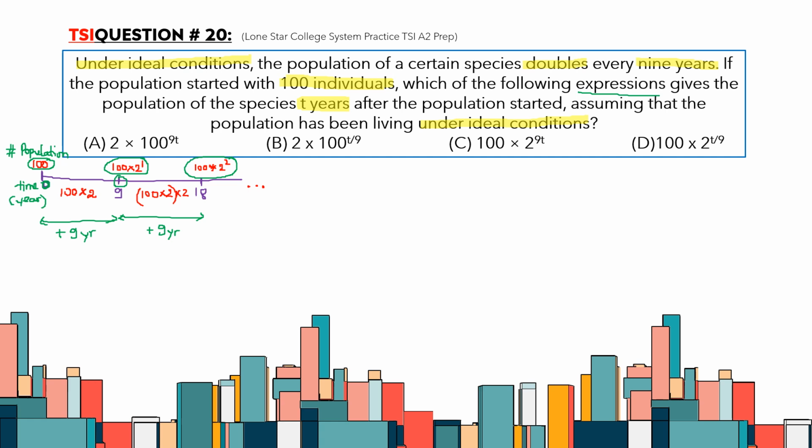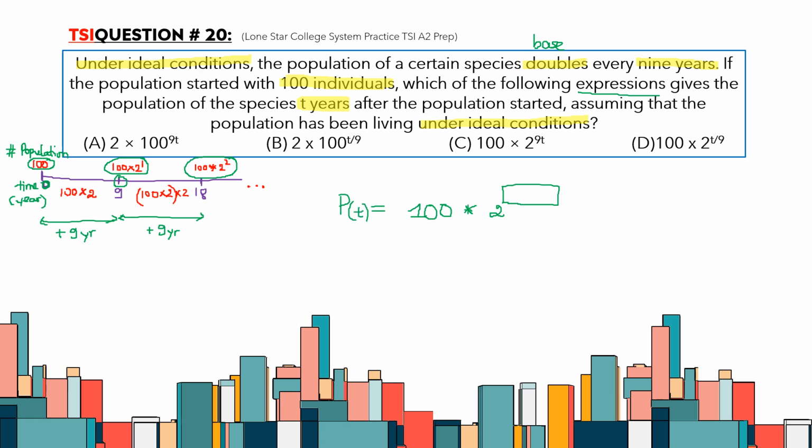The 100 is what we begin with, multiplied by 2 because it doubles, so the base will be 2. And then we have some kind of blank right here, that is the exponent, the power of base 2.